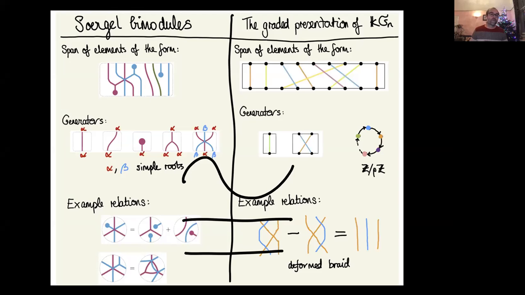You can define p-Kazhdan-Lusztig polynomials in two ways, I think. I don't know, there might be more. One is geometric and the other is categorical. And I'm going to stick with the categorical definition, that it comes from this diagrammatic Soergel bimodule thing on the left.